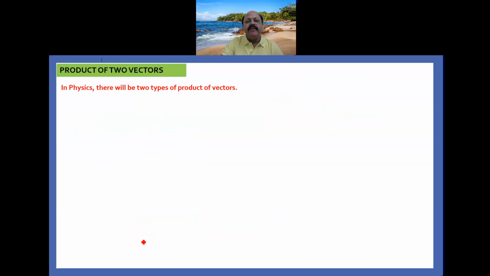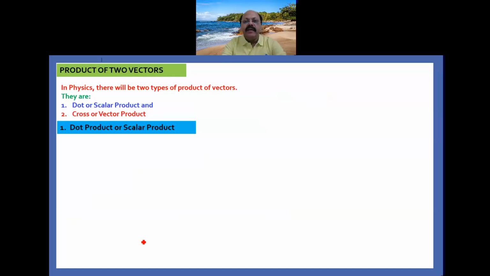Now the product of two vectors. In physics, generally there are two types of products of vectors: the dot or scalar product, and the cross or vector product. So what are they? The first one is the dot product or scalar product.